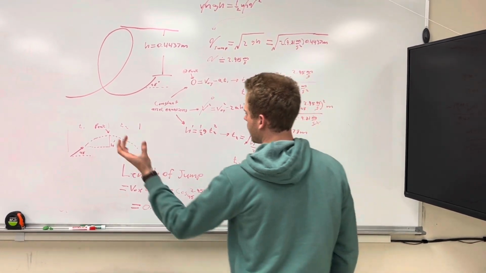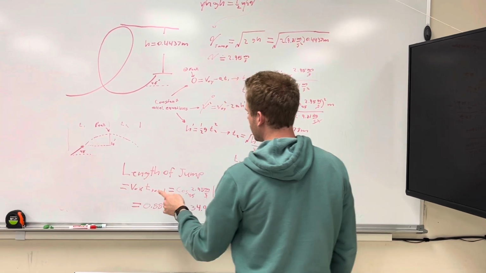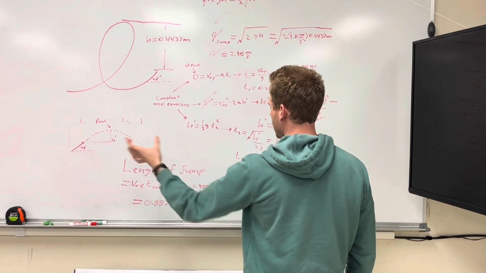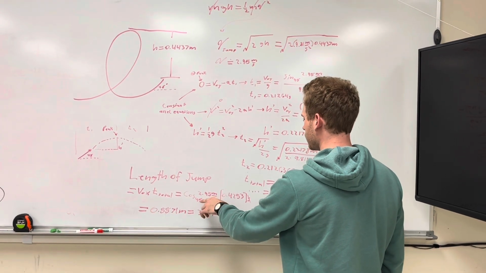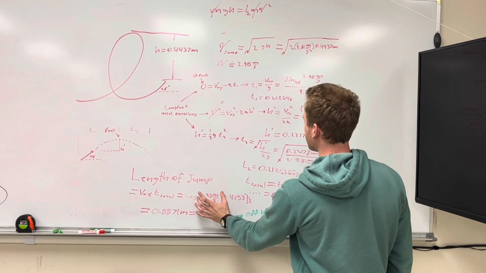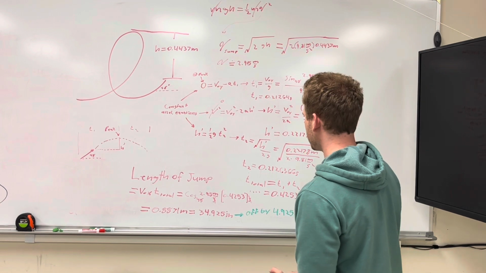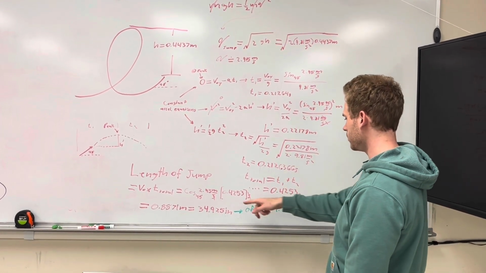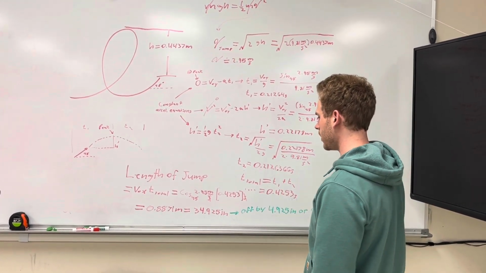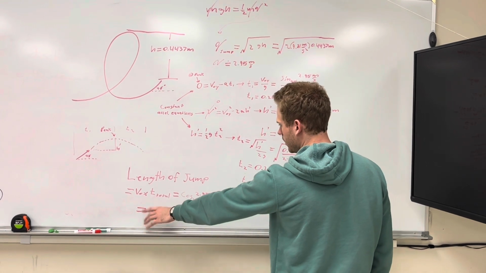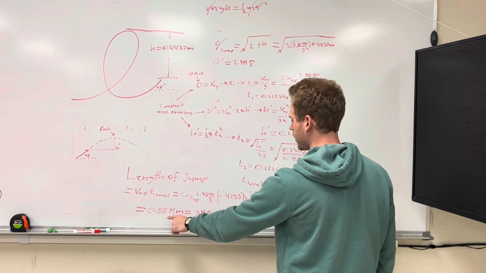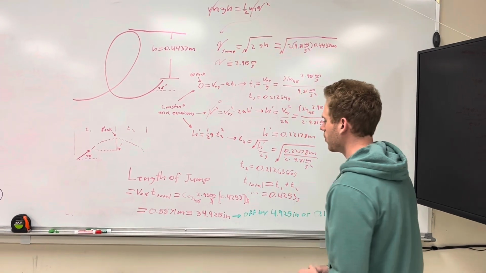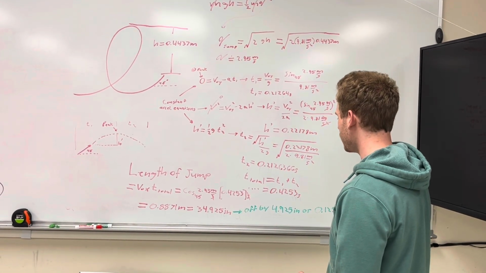We have the x component of the velocity times the amount of time it's in the air, so that's cosine of 45 degrees times the magnitude of your jump velocity times t total. The seconds go away, and we get the horizontal distance traveled is 0.8871 meters, or 34.925 inches.